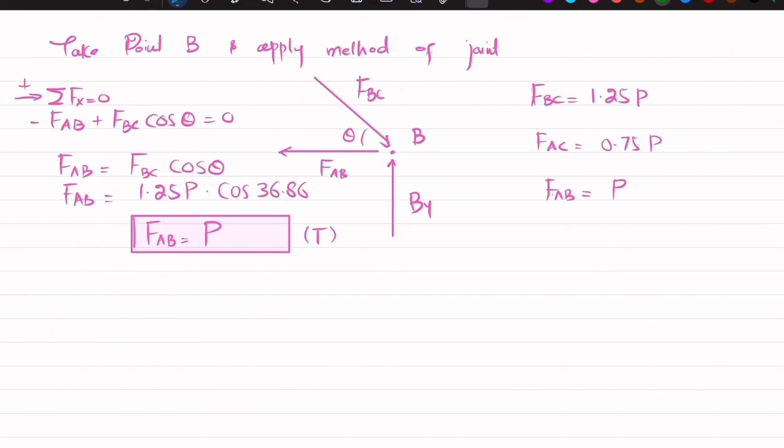So for maximum loading, average normal stress.